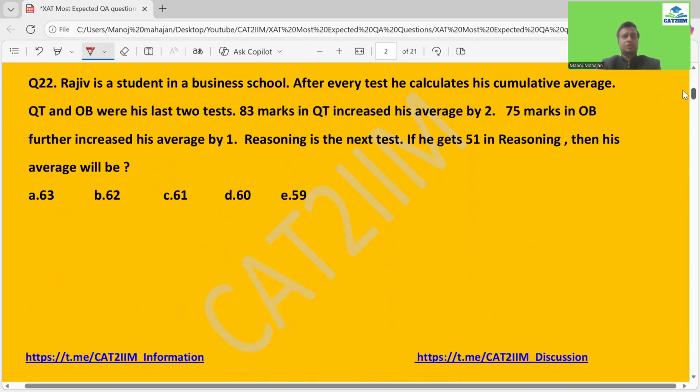I do love this question which appeared way back in XAT. It is on averages, and I use one result which I have made on my own.